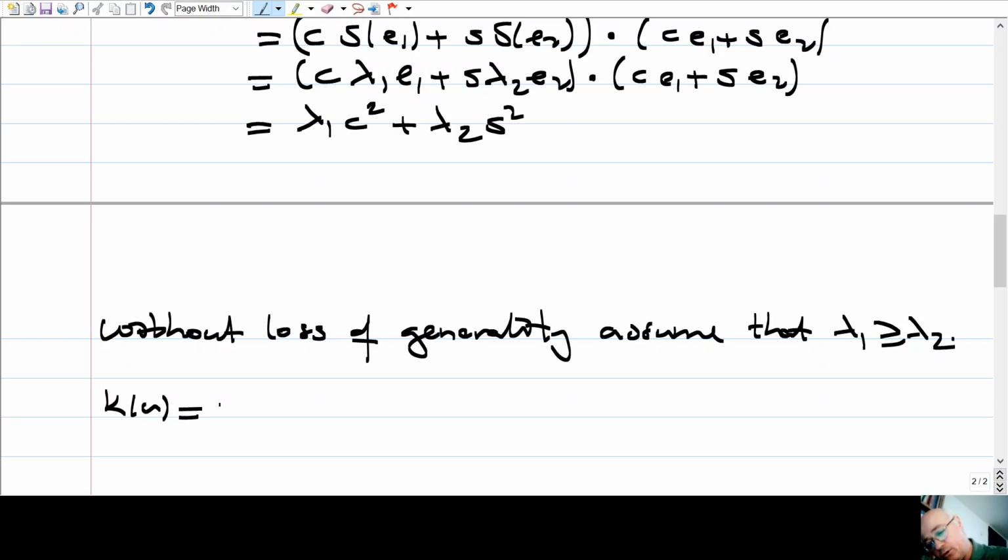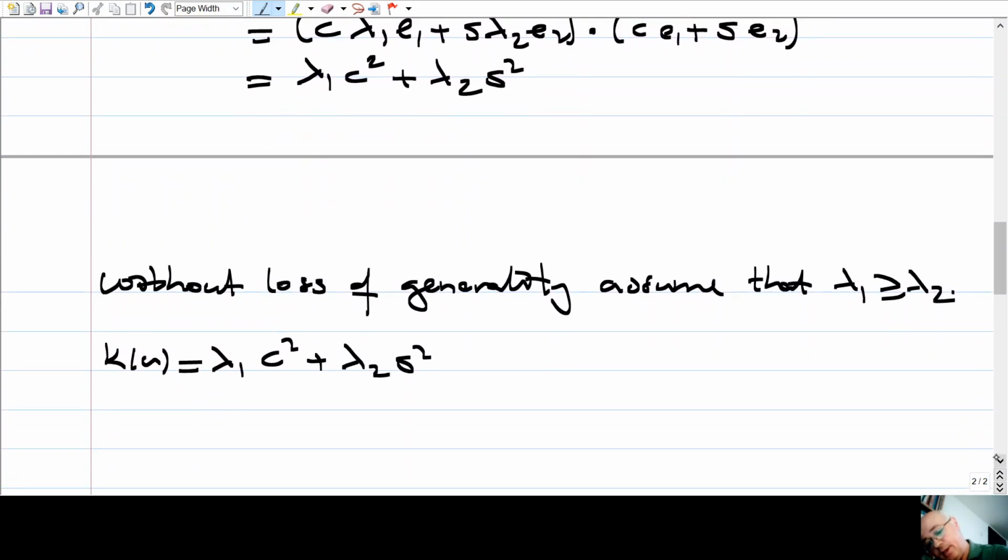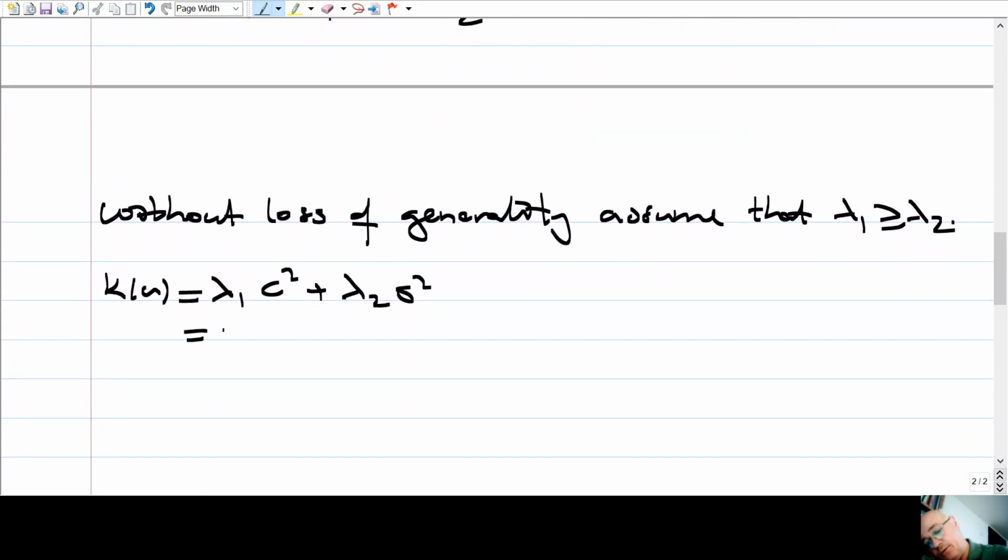K(u) is equal to lambda 1 times C squared plus lambda 2 times S squared, which is lambda 1 times cosine squared mu plus lambda 2 times sine squared mu.